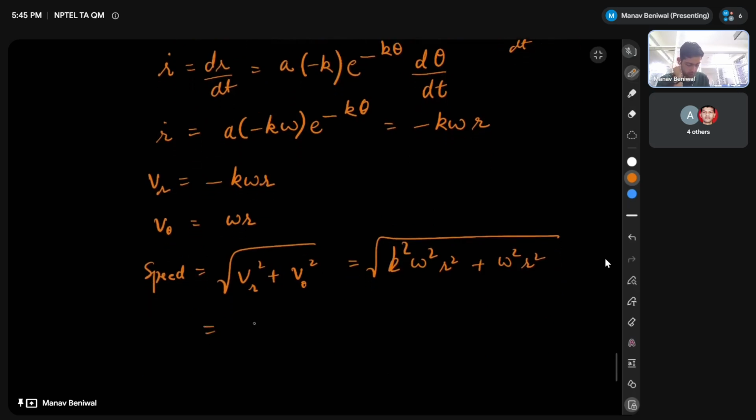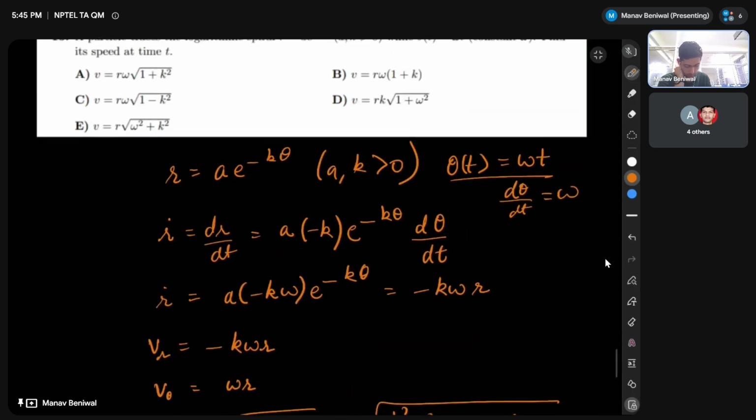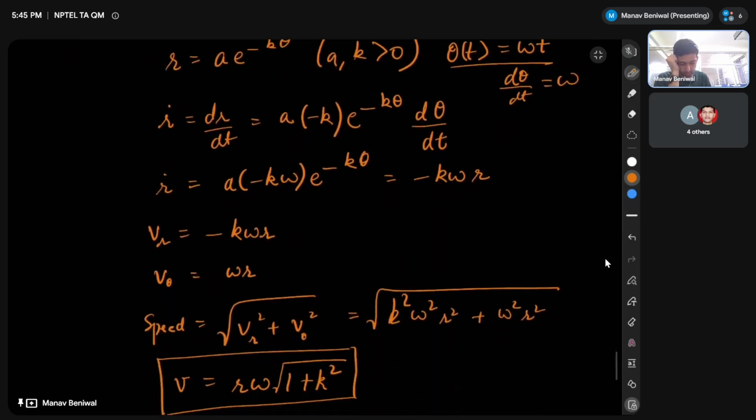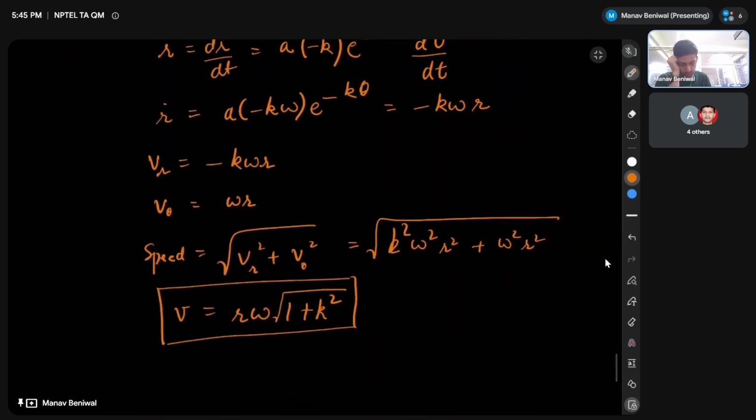So my speed becomes r omega times the square root of 1 plus k squared. Okay, so that's the speed of my particle, which is moving in a logarithmic spiral.